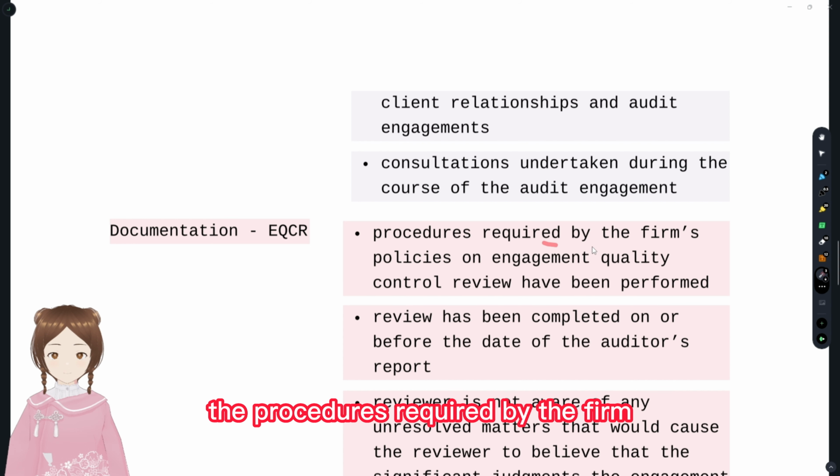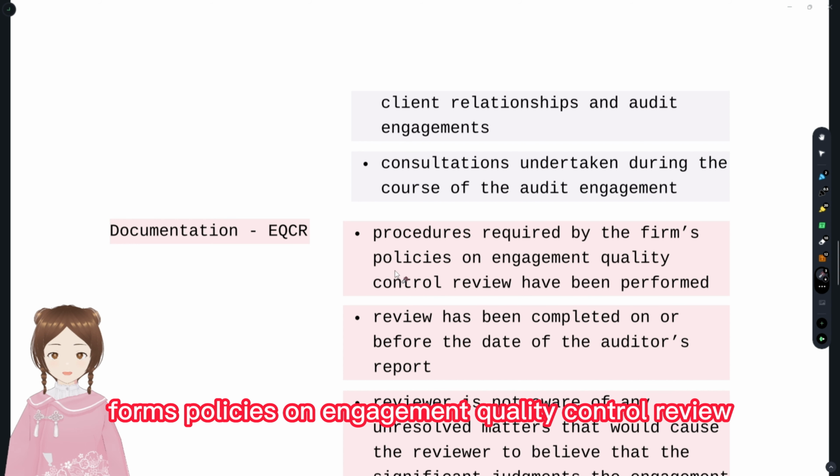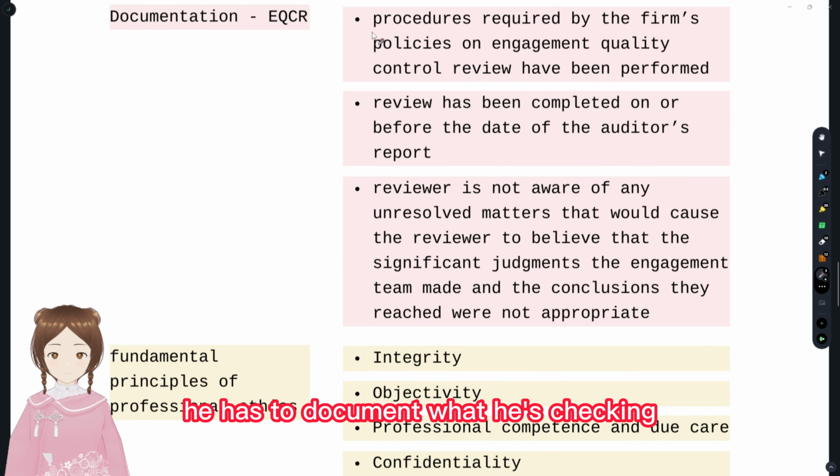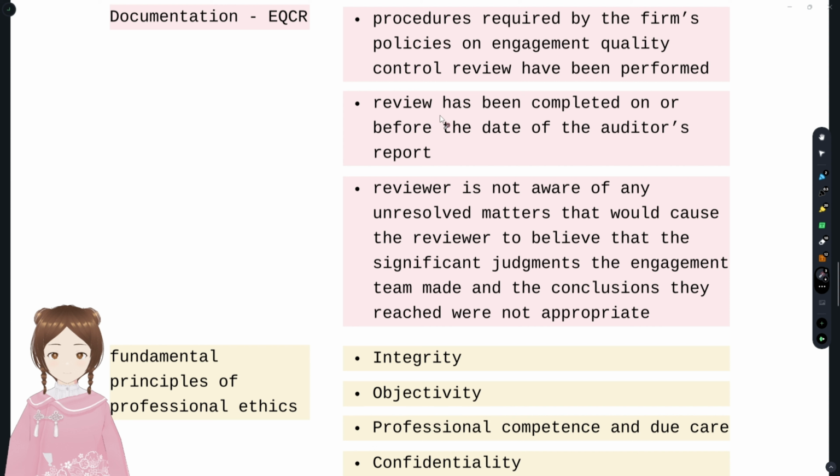The procedures required by the firm's policies on engagement quality control review have been performed. What had he come for? He had come to check the firm's quality procedures while performing the engagement. What he has to document is that the procedures of the firm's policies on engagement quality control review have been completed on or before the date of the audit report.